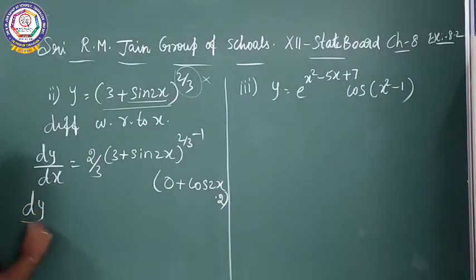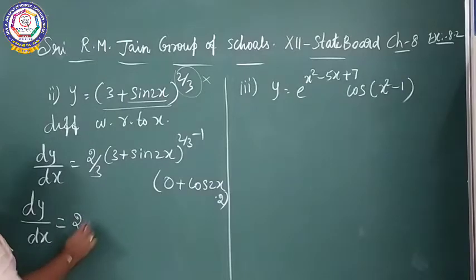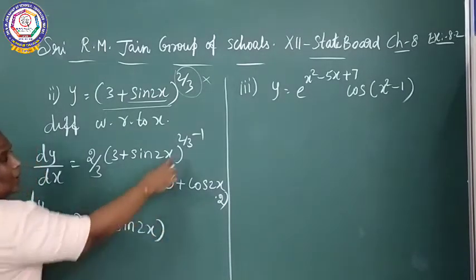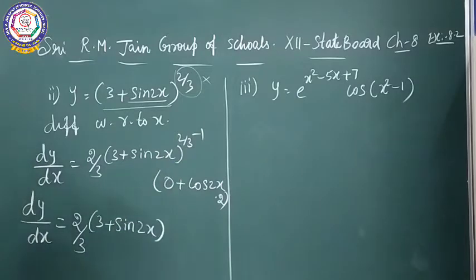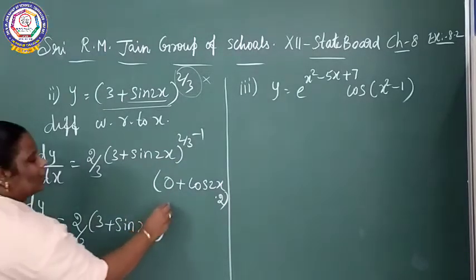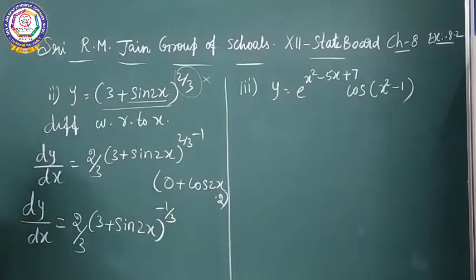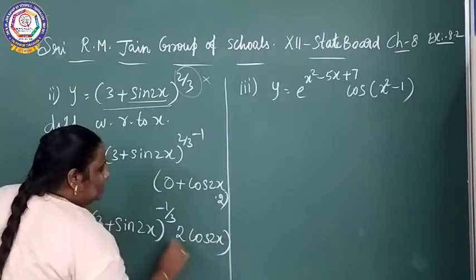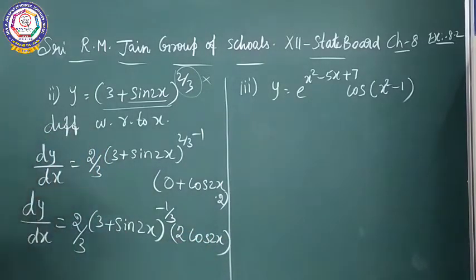So, dy by dx equal to 2 by 3 into (3 plus sin 2x), the whole power, 3 is the LCM, 2 minus 3 divided by 3, what is that value? Minus 1 by 3, into 2 cos 2x. 2 into 2 becomes 4.